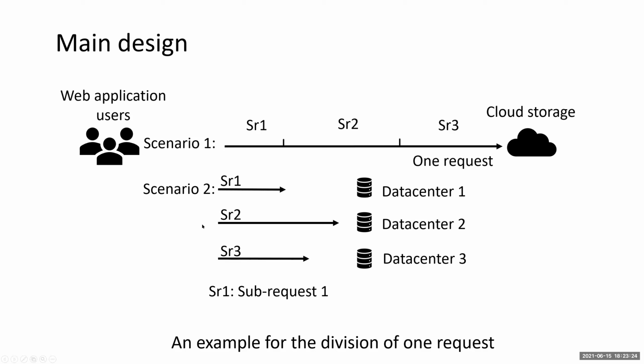In scenario 2, we can split the request into three sub-requests to three different data centers. In this scenario, the three sequentially requested parts change to three parallel sub-requests, which reduces the latency.